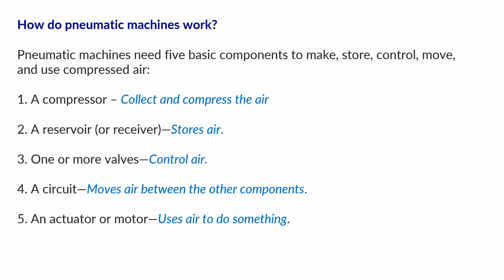The fourth are valves to direct and control the flow of the gas. We will also need a circuit, which is basically the tubing and the piping that moves the gas around the circuit. And finally, we'll need an actuator or a motor. This is the part that does the work. For example, a cylinder, an actuator, air power tools are some examples.